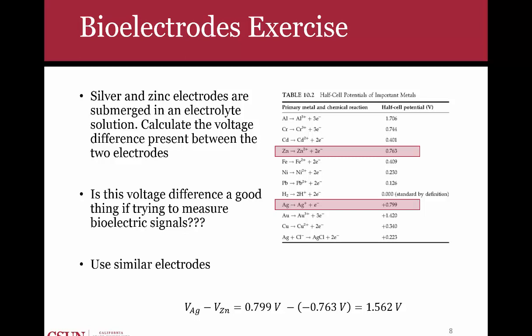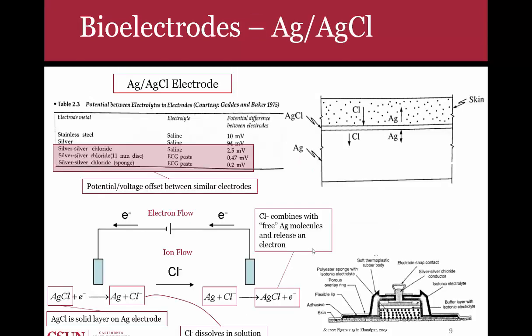And so the take-home message for this is that you want to eliminate these voltage differences across different electrodes. One way of doing that is to use the same electrode, right? Because hypothetically, if I use two silver electrodes, they would both produce a 0.799 volt difference. So then technically the difference of both of those electrodes would be zero. But actually that's not the case.